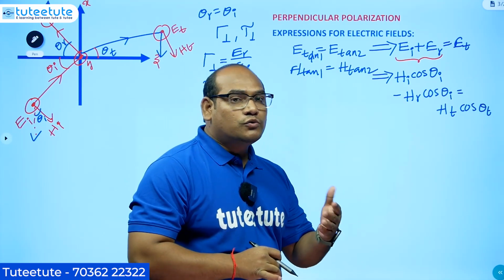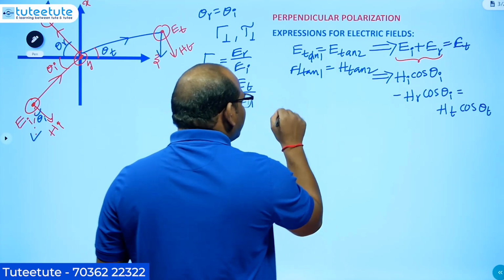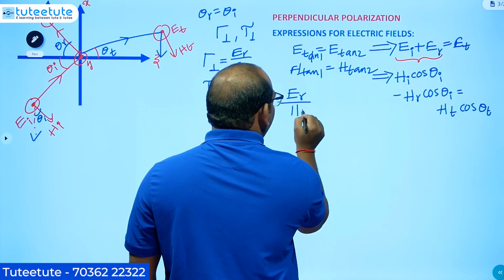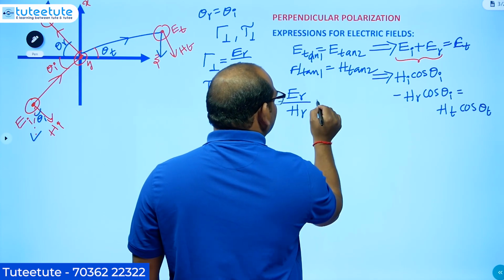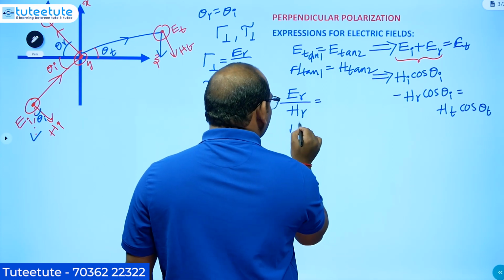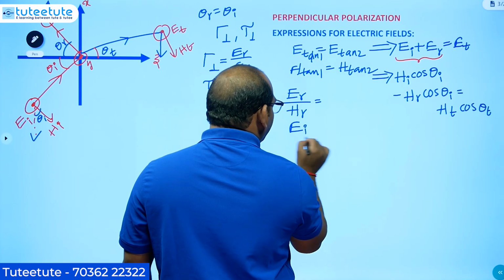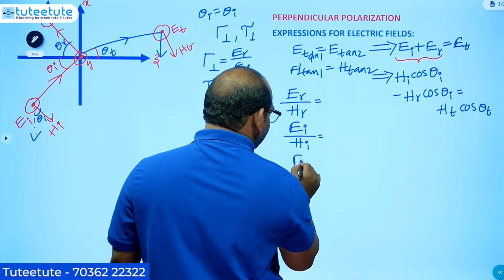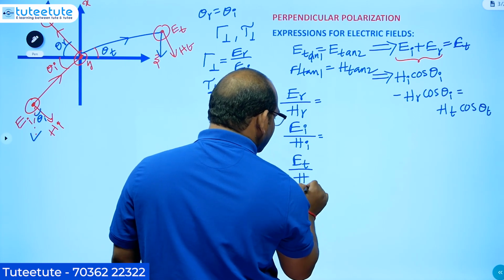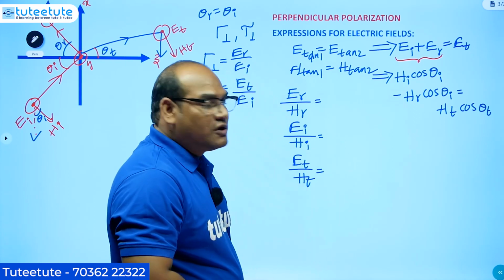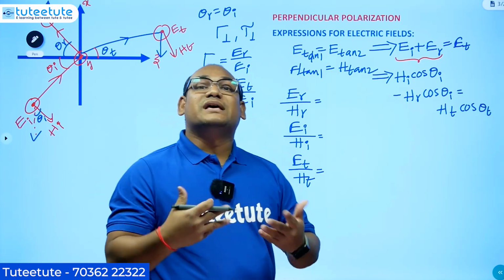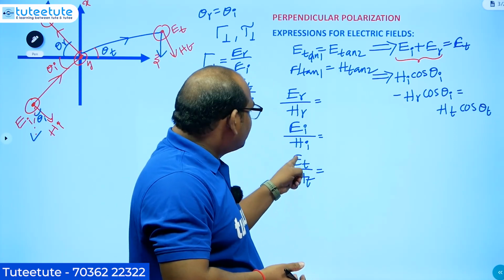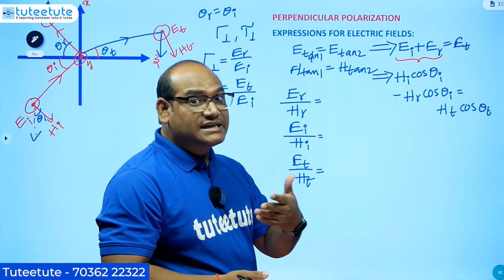Now by using the relations like this, ER by HR is equal to something, and EI by HI is related to something, and ET by HT is related to something. These are actually giving the impedances, because voltage by current, or electric field by magnetic field, is given by its impedance.